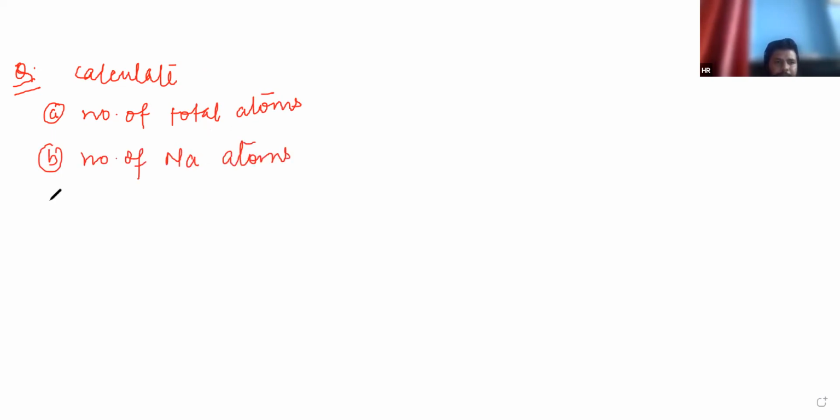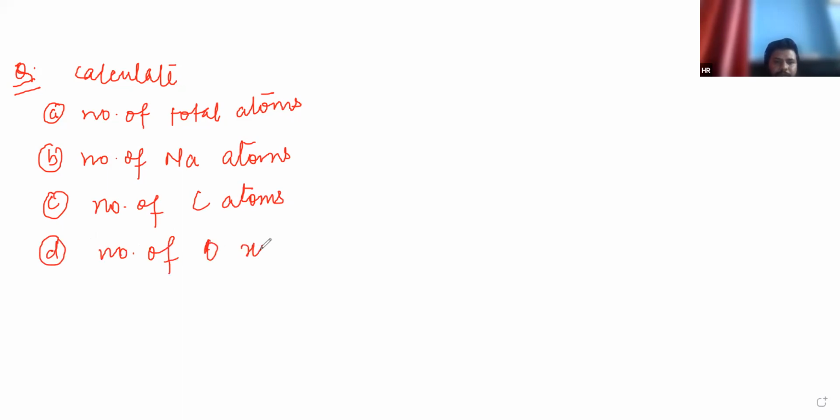Calculate the number of total atoms, then number of sodium atoms, then number of carbon atoms. Write the questions with me. And number of oxygen atoms.